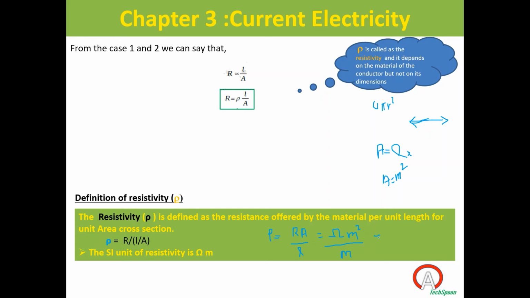So now you solve this: meter square and this meter, here two meter, this meter square and this meter will cancel. So what we will get? We will get ohm meter.